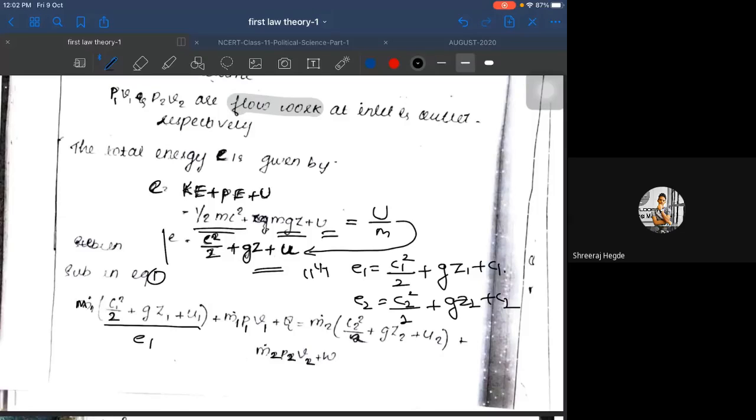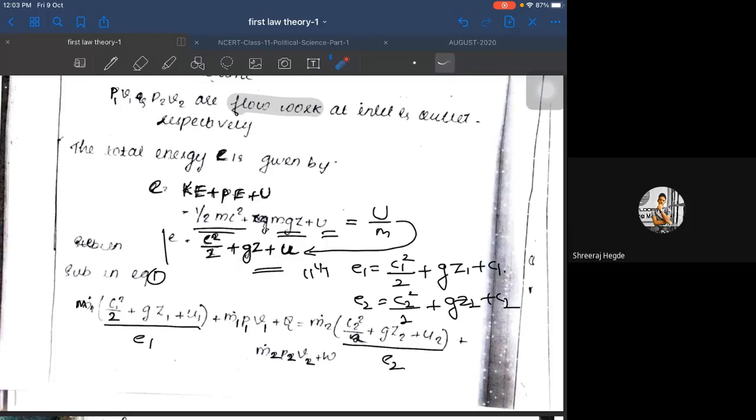Just have manipulated in terms of section 1 and section 2. So I have substituted E1 here and E2 here. The remaining two expressions, the flow work and the heat, and the work output, would remain the same there. It is m dot P1 V1 plus Q, m dot P2 V2 plus W.